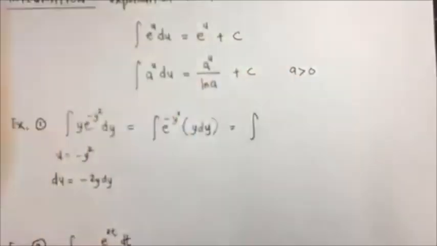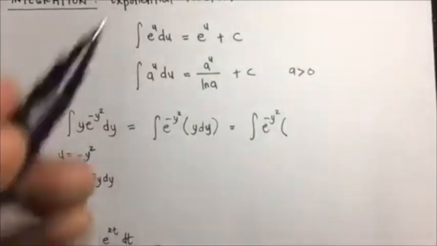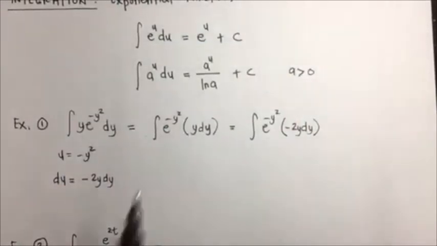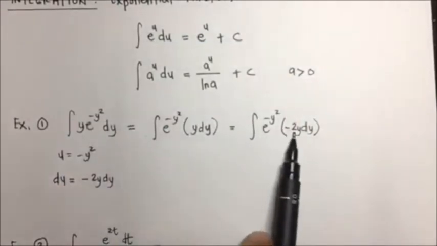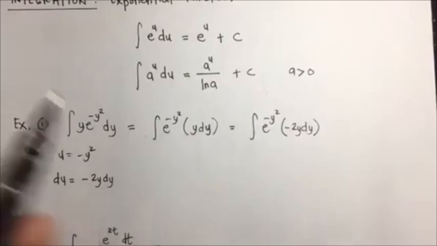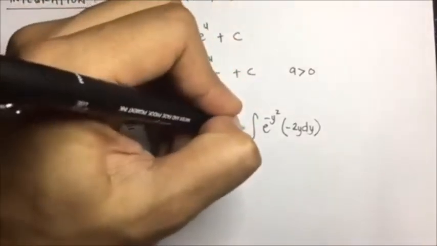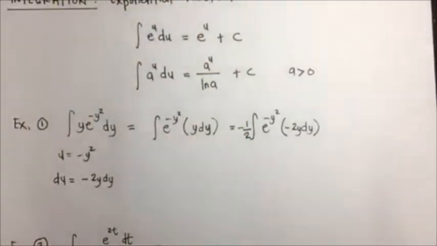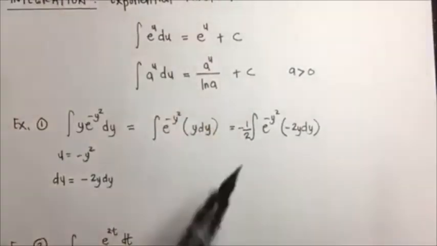This will become the integral of e raised to negative y squared times negative 2y dy. Since we multiplied negative 2 inside, outside we also multiply by the reciprocal of negative 2, which is negative 1/2. We can now apply the formula.